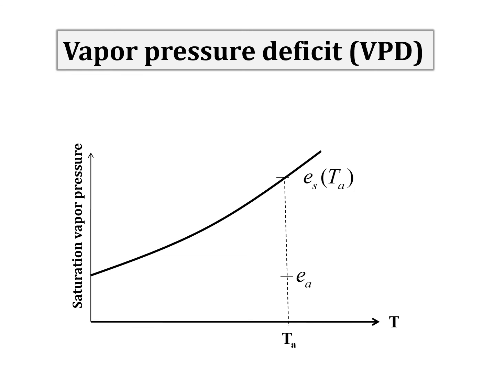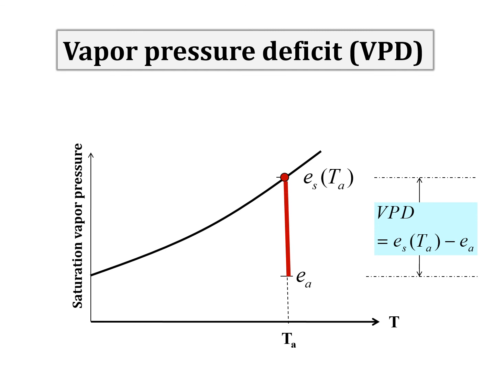You see there's a difference between them. This difference we call the vapor pressure deficit. If the vapor pressure deficit is larger, that means dry, which is not good for the plants, the trees, the vegetables, the crops. So that's vapor pressure deficit.